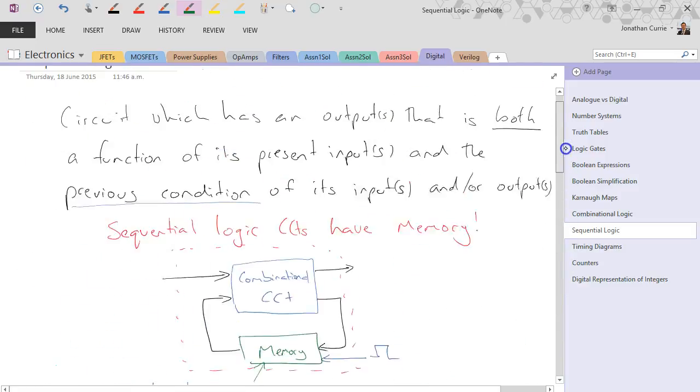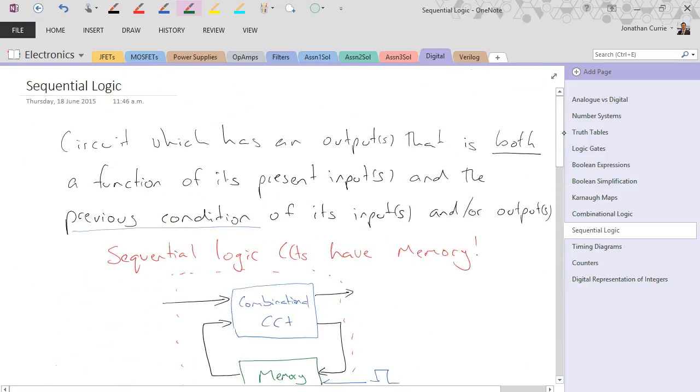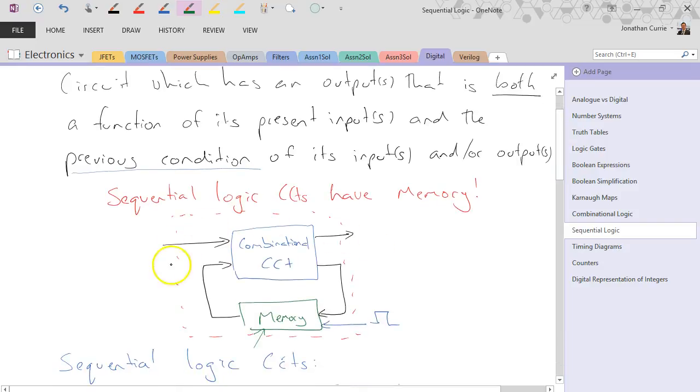Alright, so quick summary, sequential logic circuits have outputs that are both functions of their present inputs and the previous inputs and/or outputs, as we see here. Okay, so the inputs and outputs, and then previous ones are fed back via some sort of memory element.